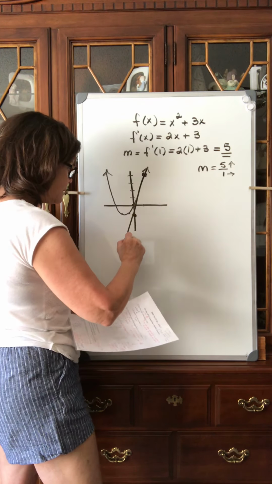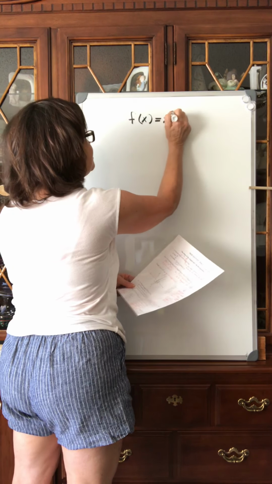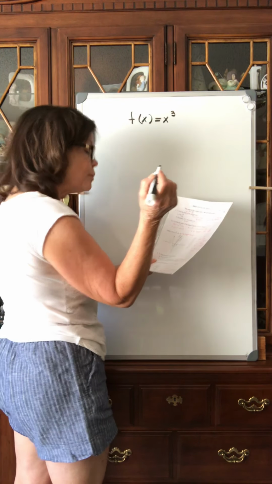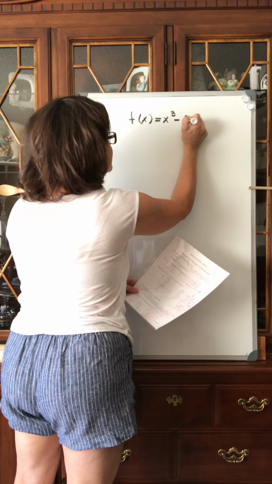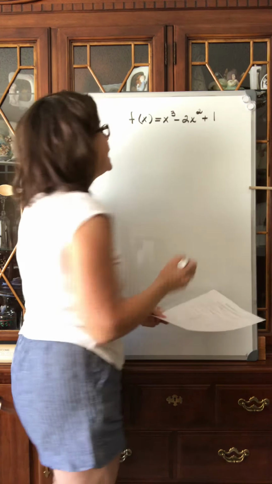So, example number 2 in your notes for today, you are given the equation f of x is equal to x cubed minus 2x squared plus 1. And we want to write the equation of the line that's tangent to this function at the point 2, 5.